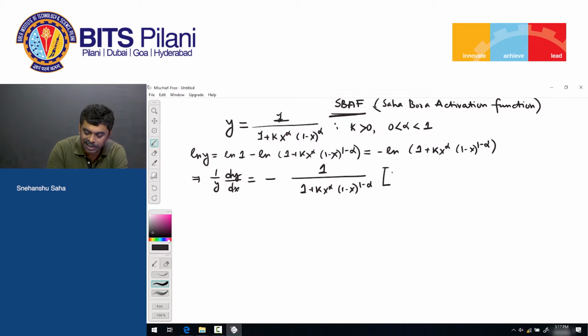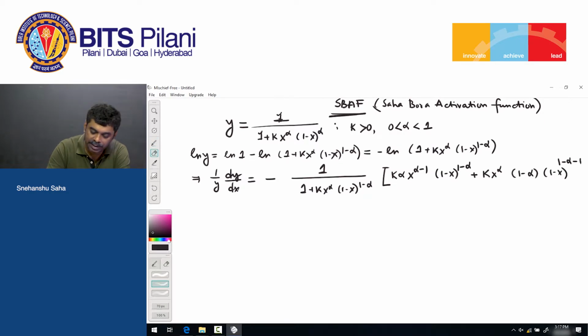The first term inside the logarithm will have no bearing because it's a constant, and then we have to employ the product rule inside, right? So when you do that, it's k, and because of this minus here, this will become a minus.